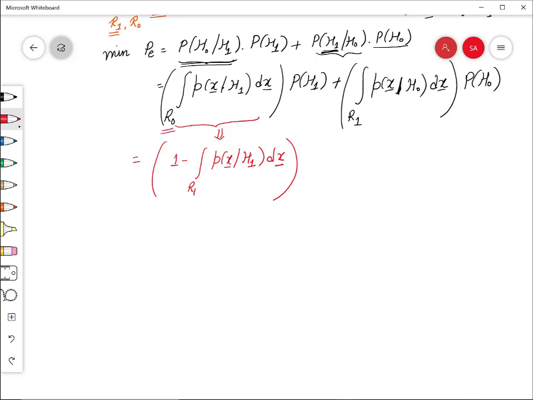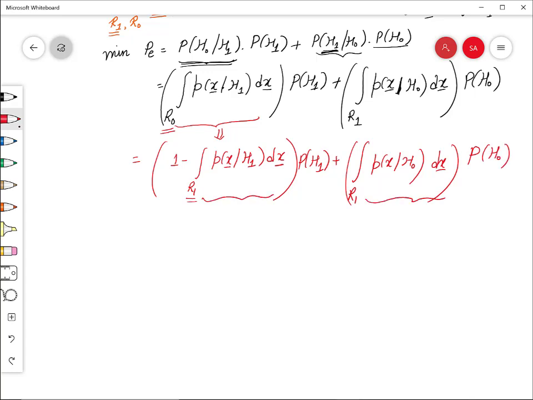I'm changing the integral, rather than from R0, I'm integrating it over R1, times probability of H1, plus this is again the same thing, integral over R1 probability of X given H0 dx times probability of H0, and let me combine these two integrals.